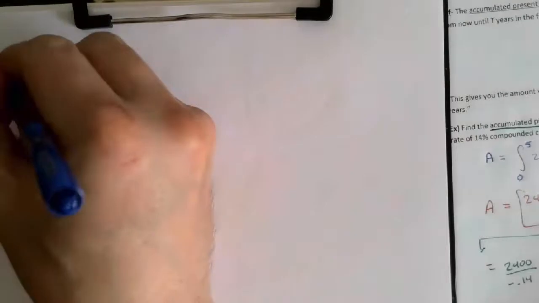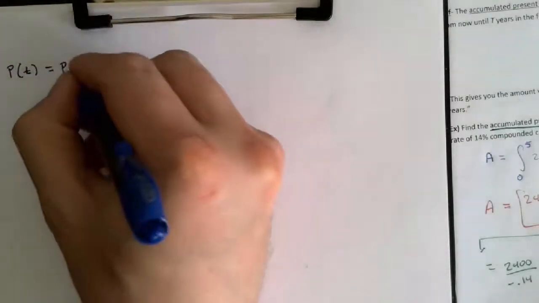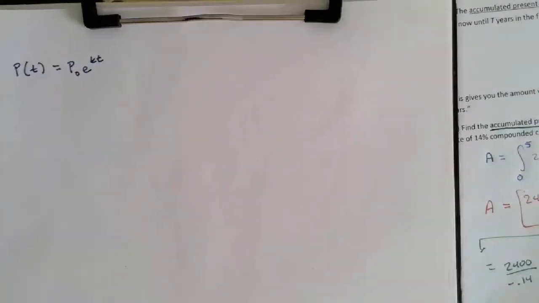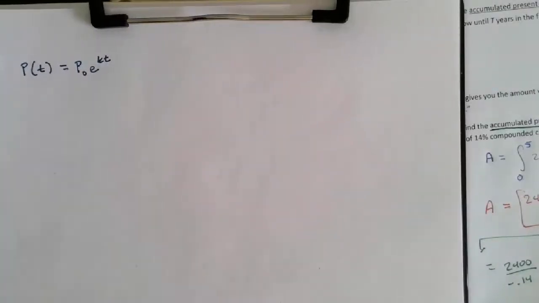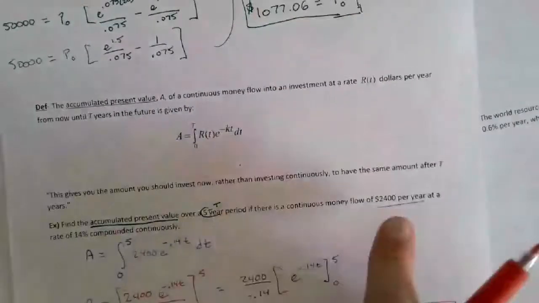We know the compound interest formula, P of t equals P sub 0 e to the kt, is our normal compound interest formula. If I was just investing now, I'd be investing the 8,629.97 as my P0 right away, for 5 years at 14% compounded continuously.